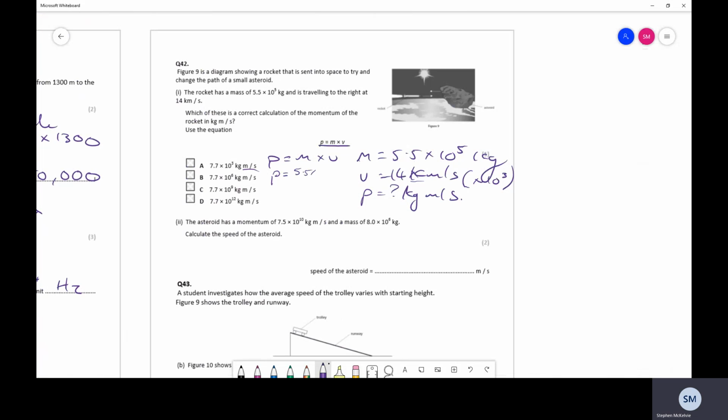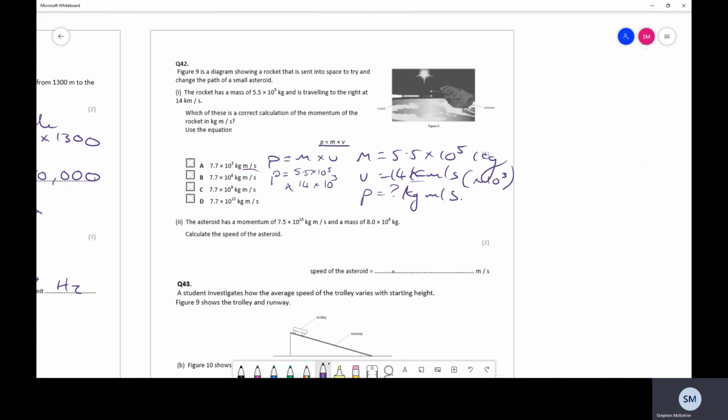Mass is 5.5 times 10 to the 5 multiplied by 14 times 10 to the power of 3. Put that in here: 5.5 times 10 to the power of 5 multiplied by 14 times 10 to the power of 3.